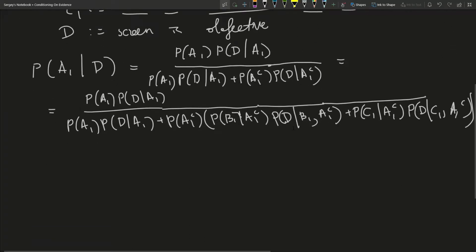And now, let's see what we have. So we need to find what these probabilities are. So this probability here and this probability here.